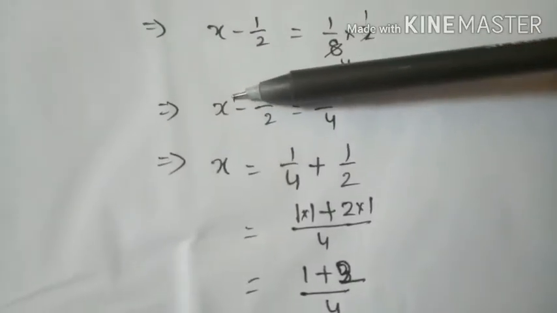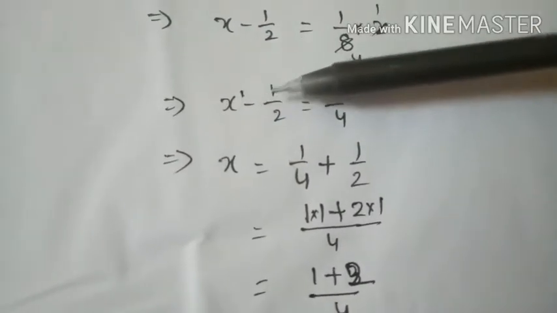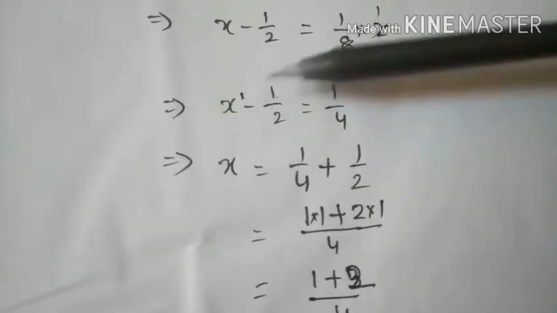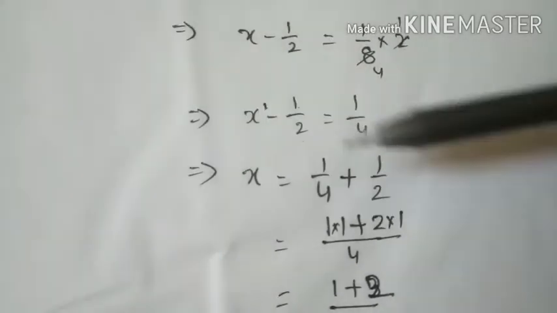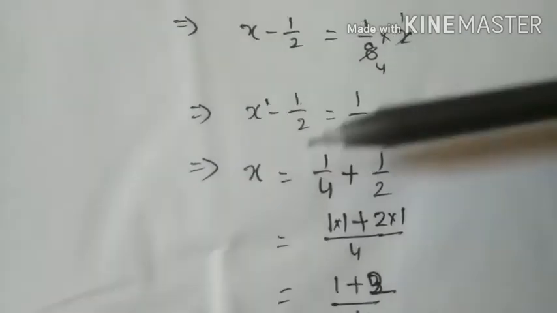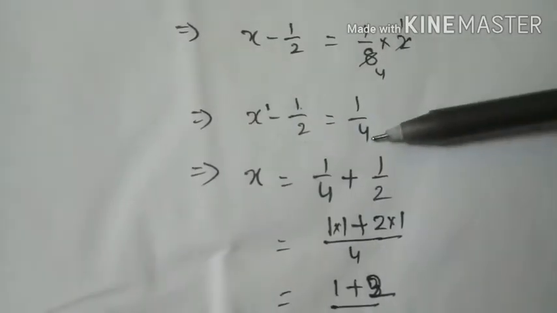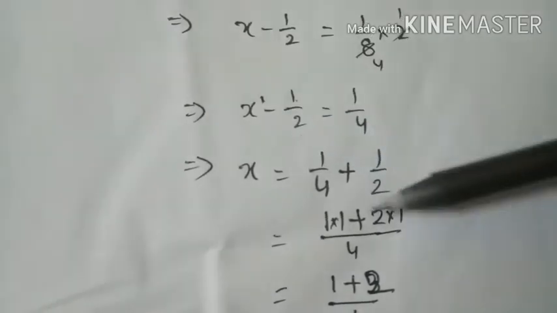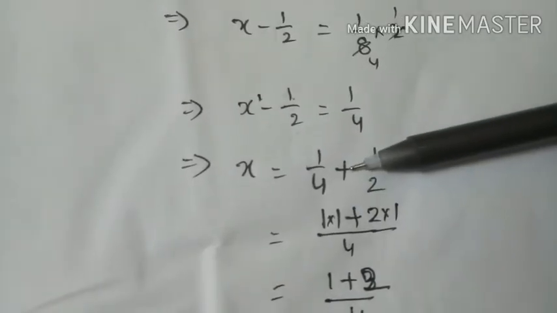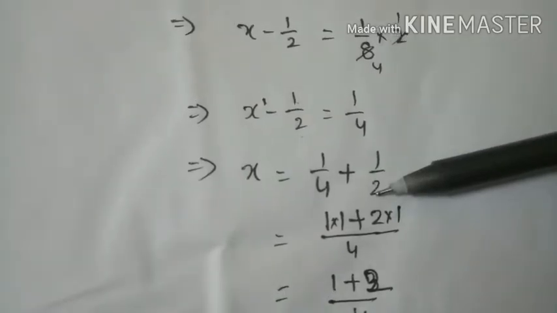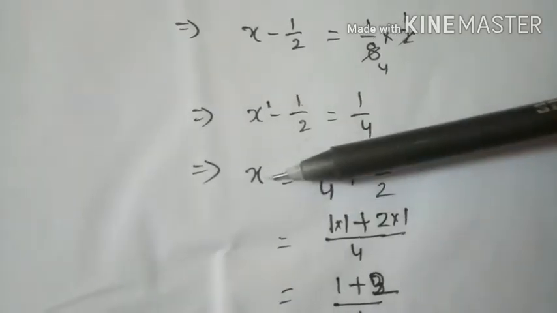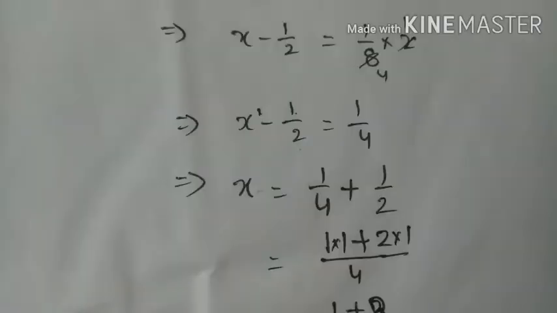The unknown value x. So if you send minus 1 by 2 from LHS to RHS, it becomes plus 1 by 2. So x is equal to 1 by 4 plus 1 by 2. Okay? We left the variable value in LHS.